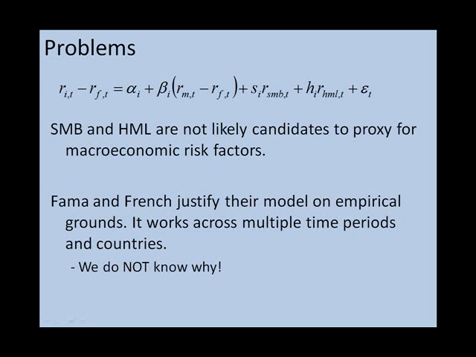Fama-French justify their model on empirical grounds. They say, well look, it works across multiple time periods and across multiple countries. Therefore, it's a good model. Problem is, we just don't know why it works. And that's a big puzzle for the finance profession at the moment, and it's an active topic of research.